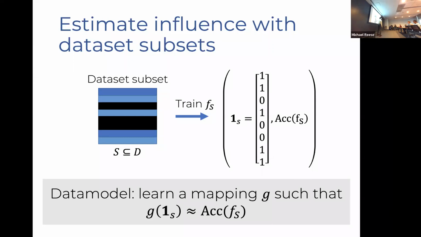We're also going to create this one-hot encoding vector, which indicates what data is present in the subset that we train on. So you can think of this as our training data, right? And now we just want to fit a model to predict the accuracy on your subsets given what subset you picked. And this mapping that we learn is what is called the data model.